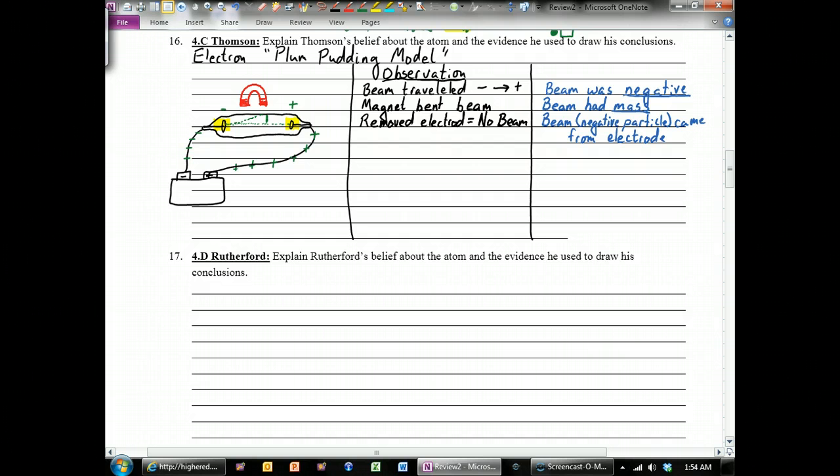Once he realized where this negative particle was coming from, he wanted to know whether it came from other pieces of metal.